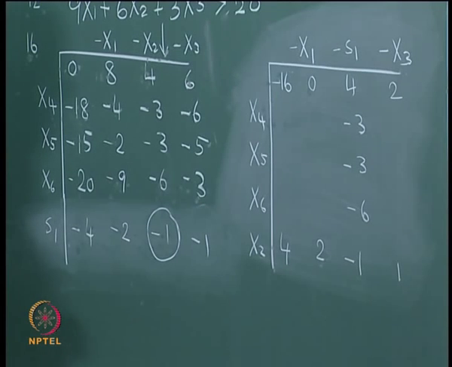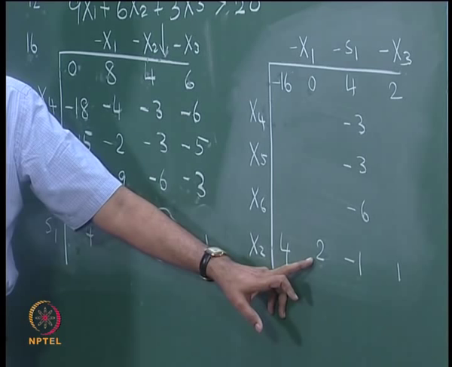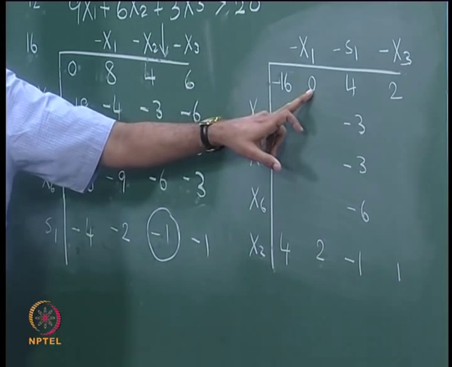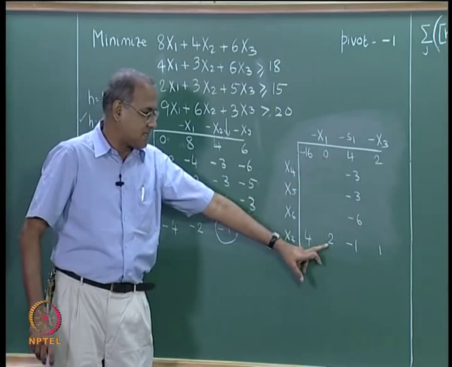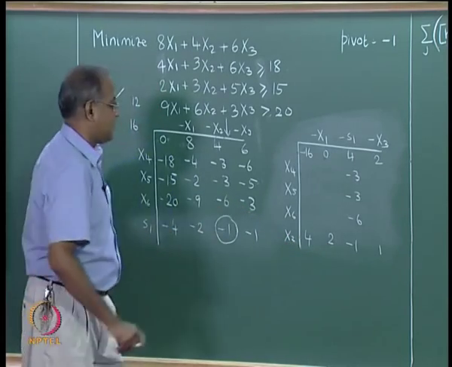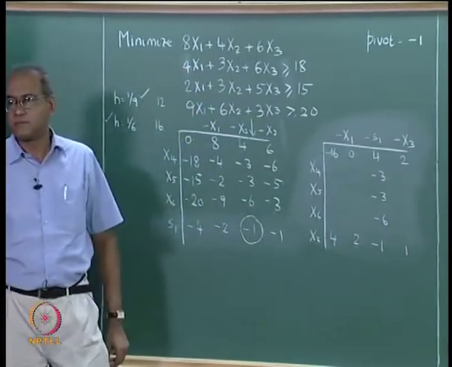As long as this element is 0 or 1 or 2, this will become non-negative. If this element were 3, then the corresponding thing will become 8 minus 4 into 3, which will become negative.